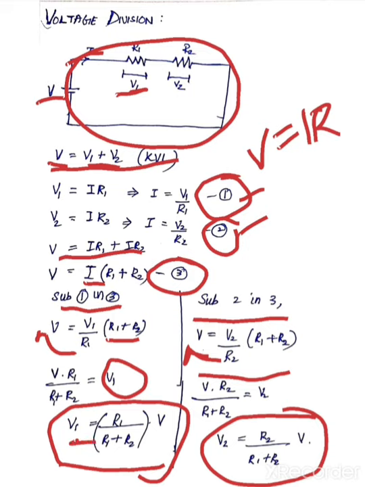Here V1, the voltage across R1, is given by R1 divided by R1 plus R2, and similarly V2 is given by R2 divided by R1 plus R2. This is what we have to remember for voltage division.